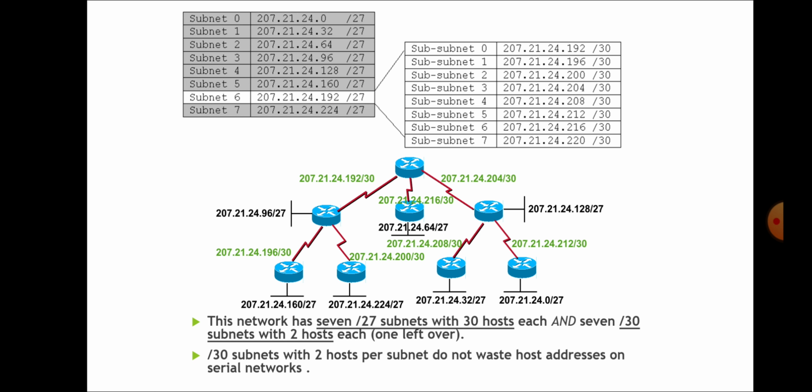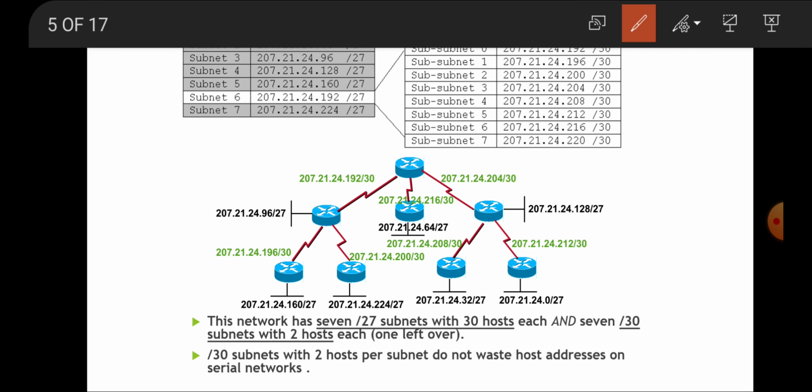Here I have shown the diagram of how exactly these slash 30 IP addresses can be used. Here you can see 207.21.24.192 slash 30, right? There are 2 usable IP addresses, which are those? 193 and 194 only. So here we can assign 193 and here we can assign 194, right?